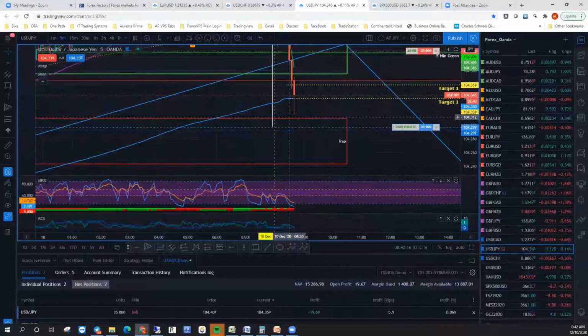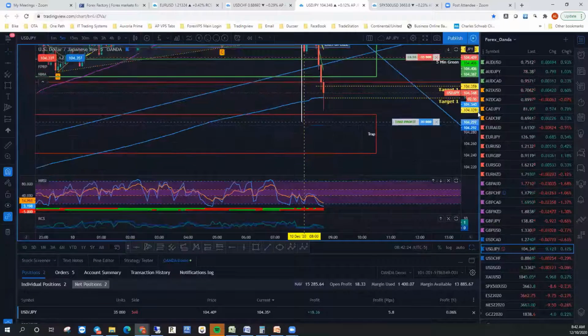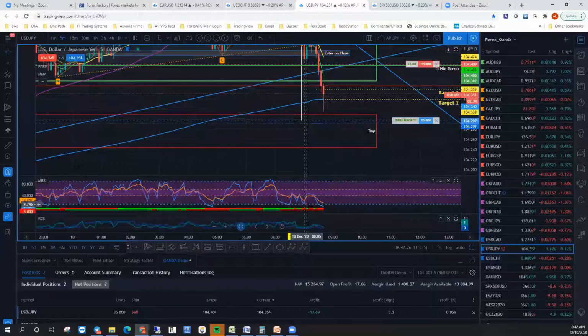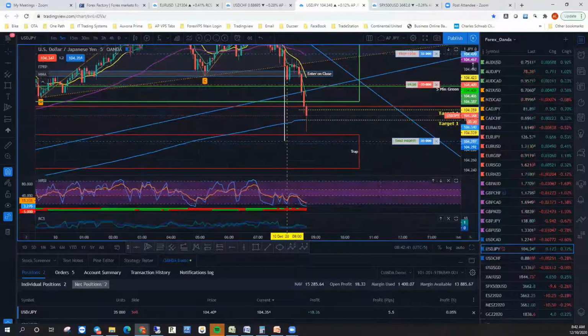But you also see how it came right down into our trap zone right here. Well, it didn't even quite get into the trap, so it hasn't set the trap yet. Also, look at our RSIs right down. Right now, even the 8 is all the way down here at the 15 level. But now if you get this blue one to start hooking over, you may want to be taken along for the ride.